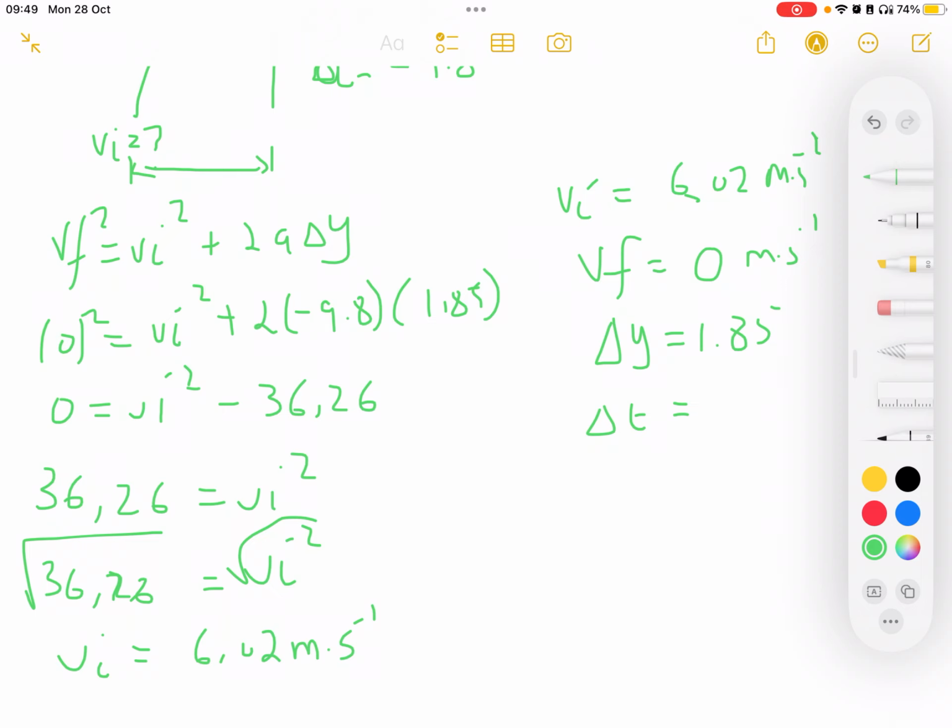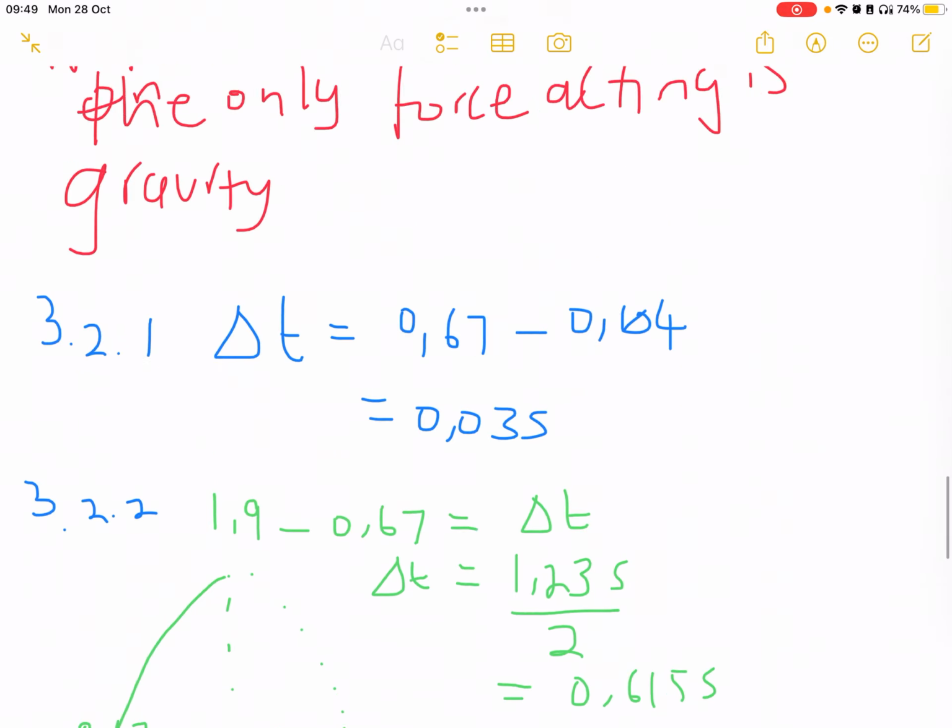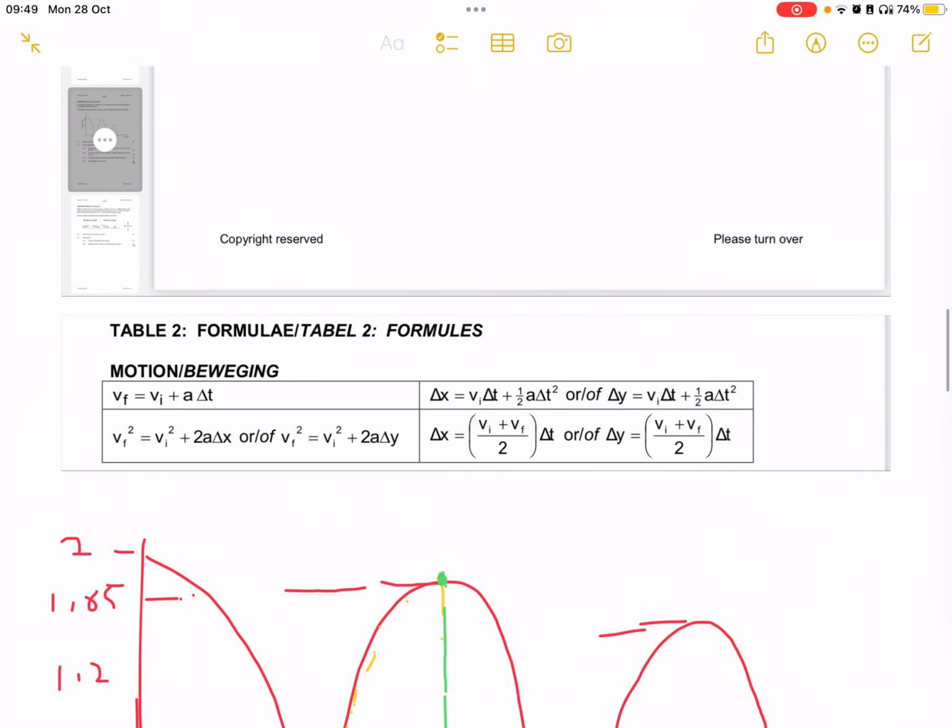So if we go back to the equations of motion, which one combines those four? V initial, V final, delta y, and time.